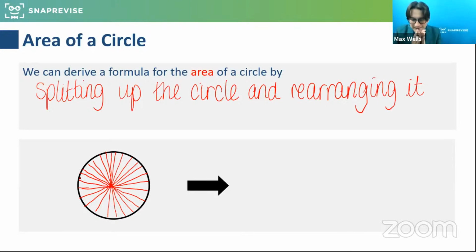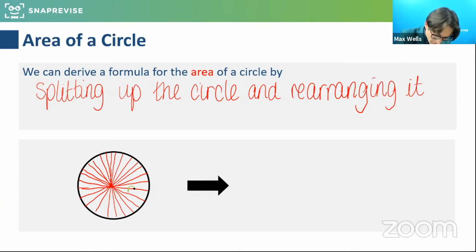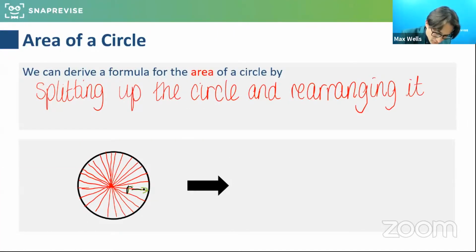Are we happy? As they get smaller and smaller, they start looking more and more like a really skinny triangle. All of the lengths of them are going to have the same length edge. It's all going to be the radius. I'm going to do that in black so it's clearer. The radius would be the length from the center to the middle.